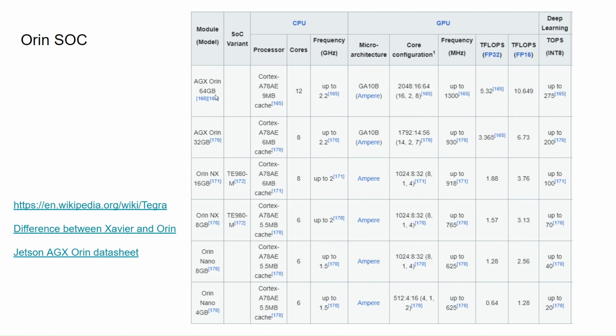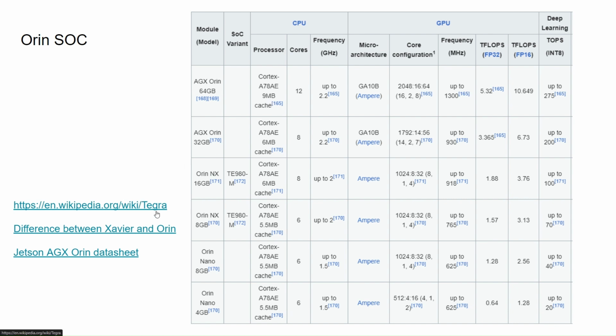And as you can see, these are the CPU processors which are available. Here you can see that there are 12 cores of A78, which is the topmost model, the AGX Orin 64, and the Orin Nano has 6 cores of the same A78 chip.